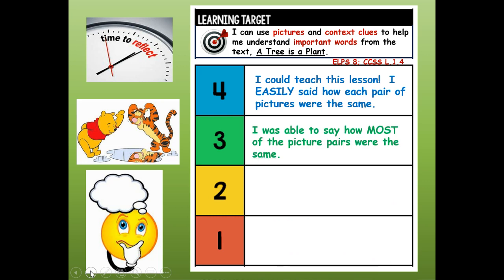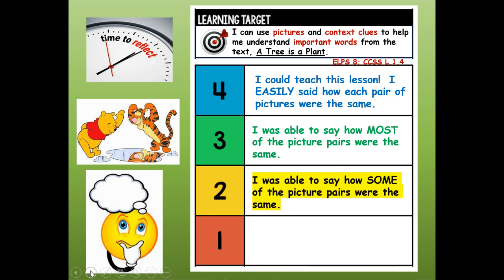Or 3, I was able to say how most of the picture pairs were the same. Or number two, I was able to say how some of the picture pairs were the same. Or number one, I was not able to say how any of the picture pairs were the same. So write your reflection on how well you met the learning target. 4, 3, 2, or 1.